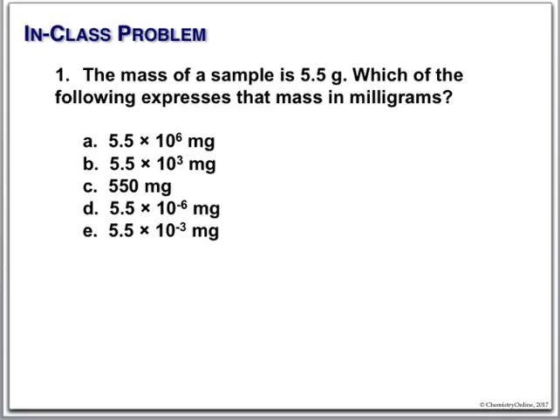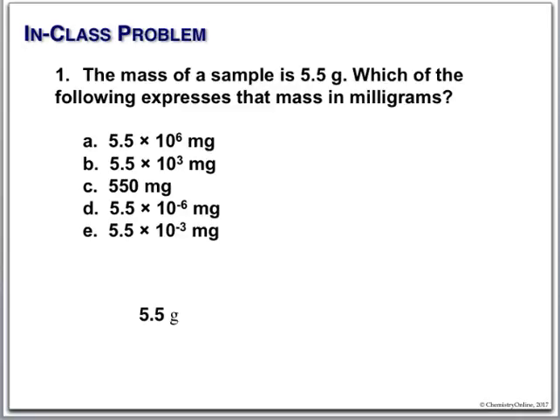So our given here is clearly going to be 5.5 grams. So let's start off with that. There it is. The next, we need a ratio. Remember, the ratio simply describes how many milligrams there are in a gram. Milli, if you remember, was 10 to the minus 3.